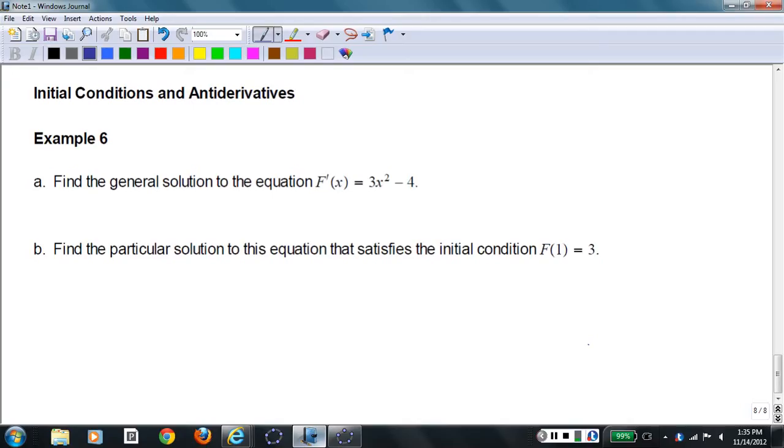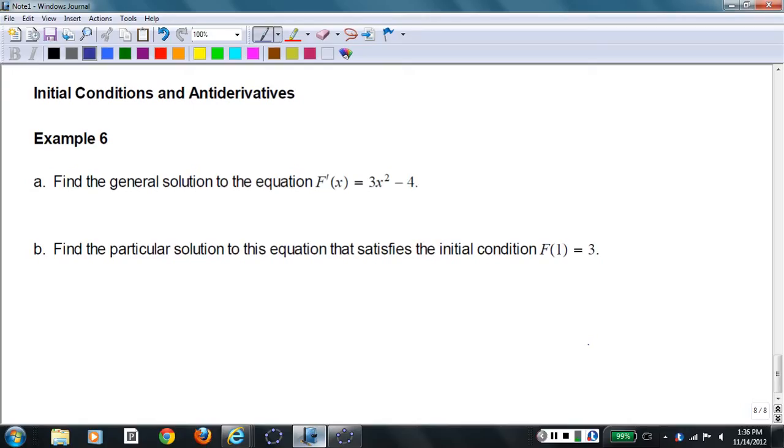Basically, what we're looking for here, we're trying to solve this differential equation. The derivative is given, f prime of x, and we're looking for the function that will satisfy this equation in which a derivative is involved. So it's not one of the more challenging differential equations that one might run into, but strictly speaking, it is a differential equation.